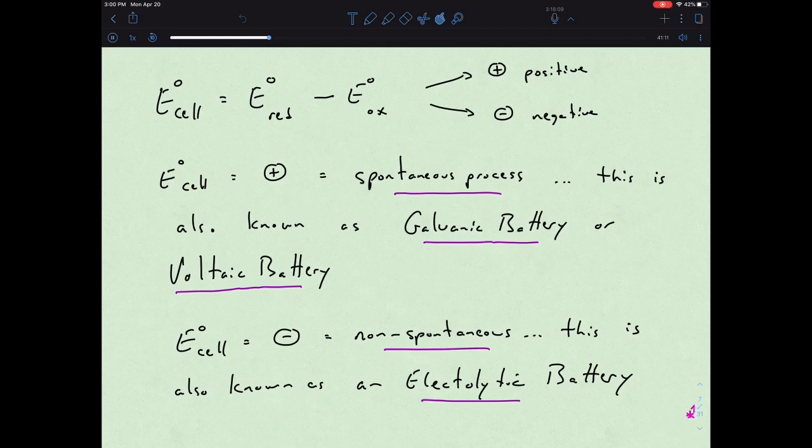Your car battery is a great example: when you start your car, it's using the battery as a voltaic, but you also have a way within your car system to recharge your battery. If your alternator isn't running correctly, you won't be able to recharge your battery as you go down the road. So these are examples of different types of batteries.